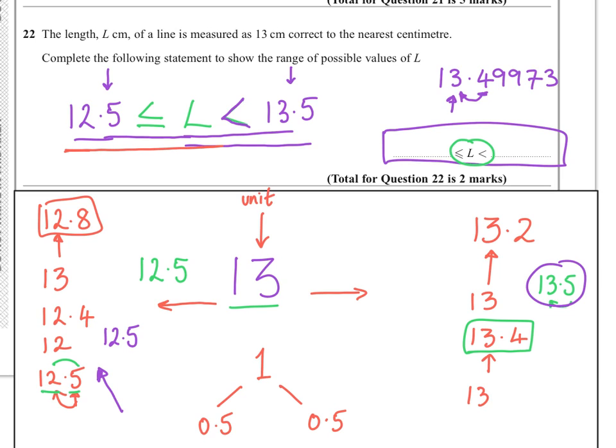Now if 12.5 is less than or equal to L, that means L would be greater than or equal to it. So think again, does this make sense? If 12.5 is less than or equal to L, that means L must be greater than or equal to it. So if you're not quite sure on that, ask your teacher, and I'm sure they'll explain this part to you.